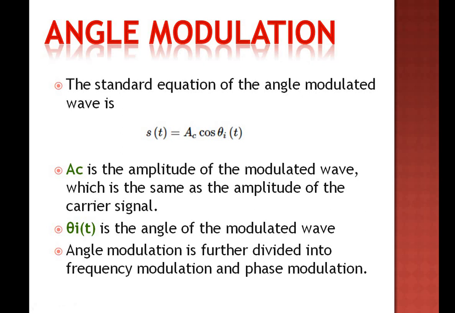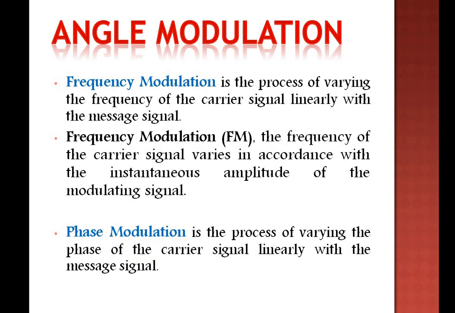So angle modulation is further divided into frequency modulation and phase modulation. I hope you are clear with the standard equation of angle modulation. So this is frequency modulation. Now you can easily answer what frequency modulation is. What are you going to vary here?